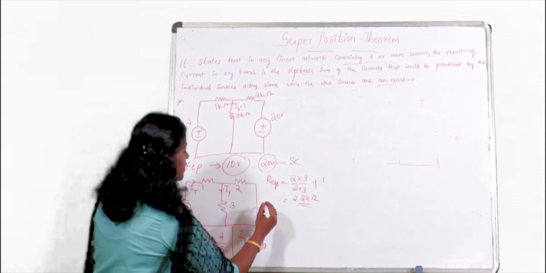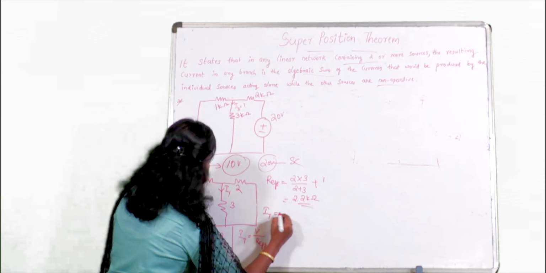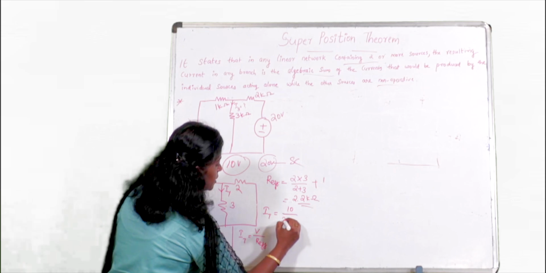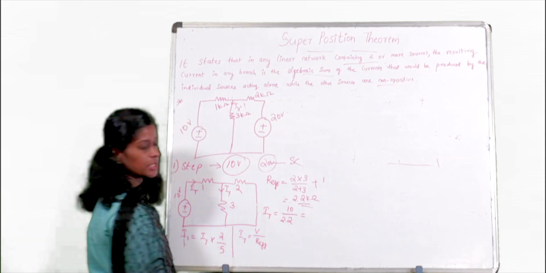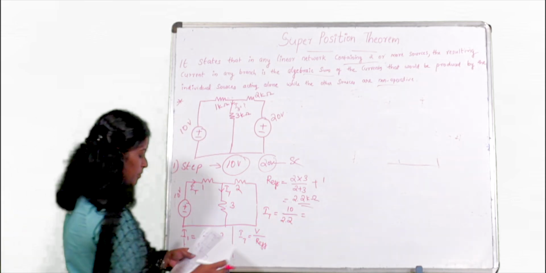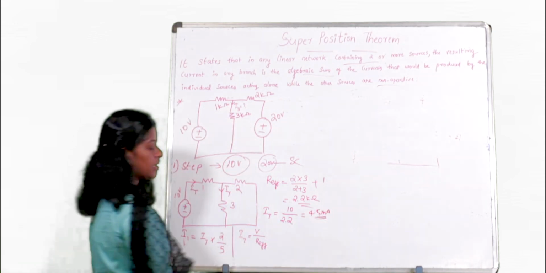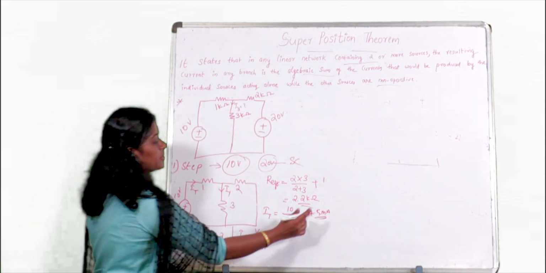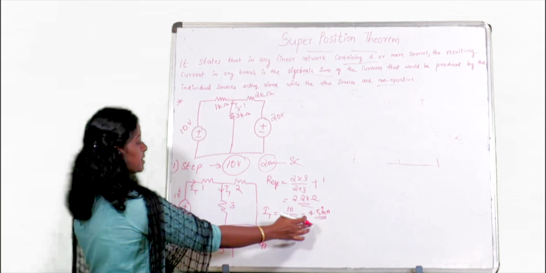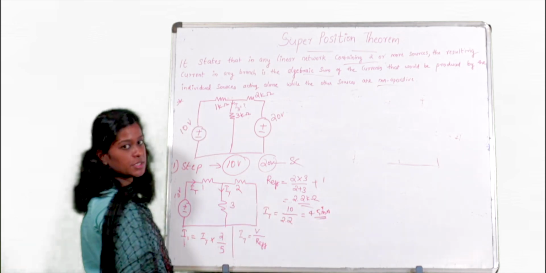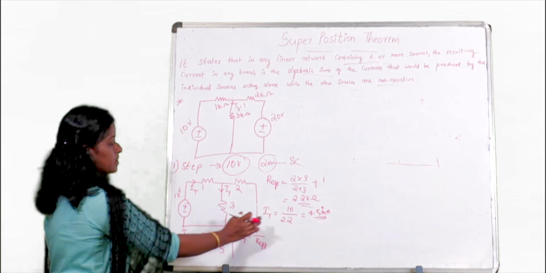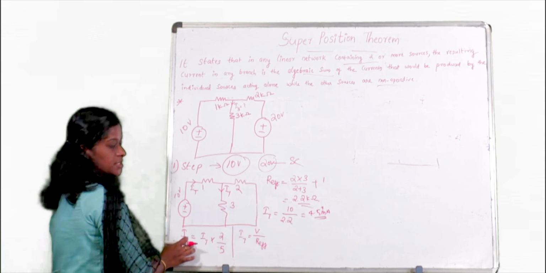Now you can find total current, that is 10 divided by 2.2 kilo ohm. So the total current will be 4.54 milliampere. So 4.54 milliampere is the total current of this circuit. Now you can apply this in this equation.